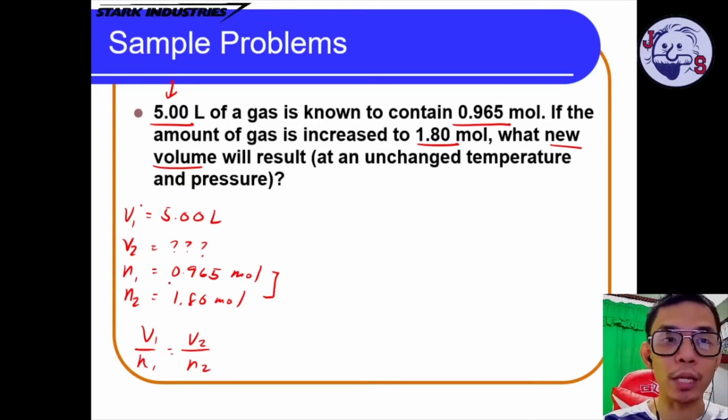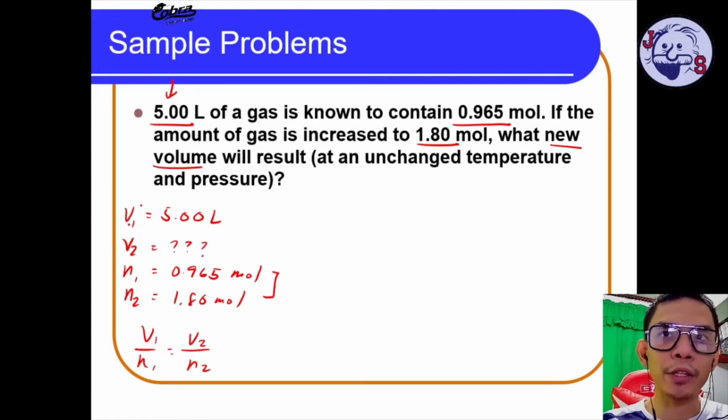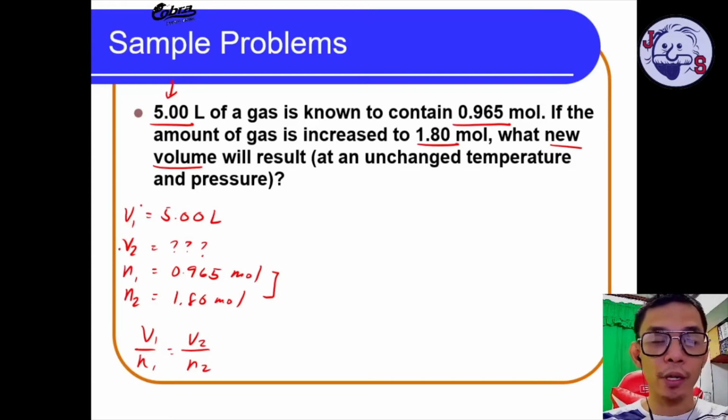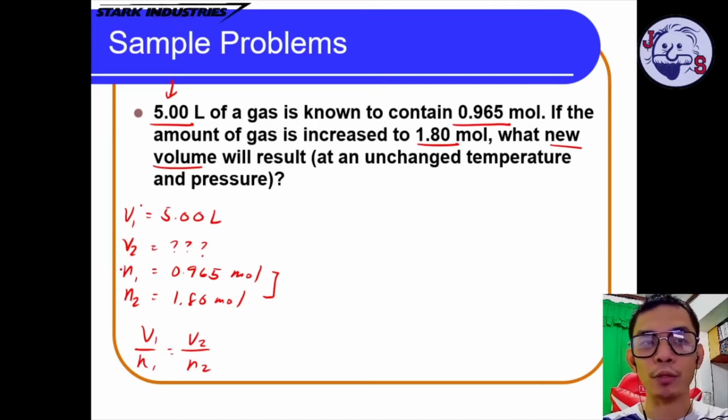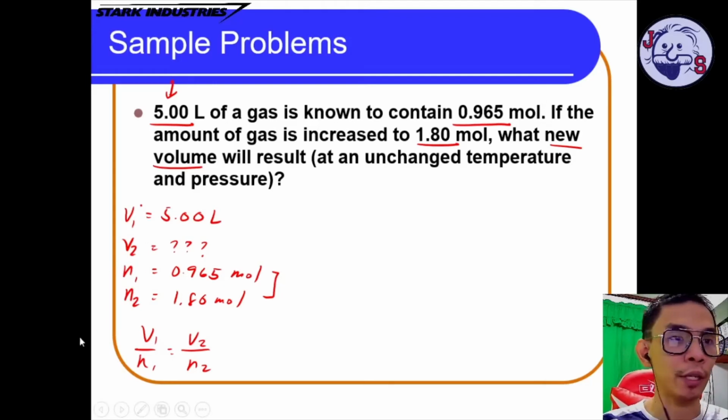So we mean to say that V sub 2 should be greater than V sub 1. That is our hypothesis. If volume is directly proportional to the amount of gas, V sub 2 should be greater than V sub 1.